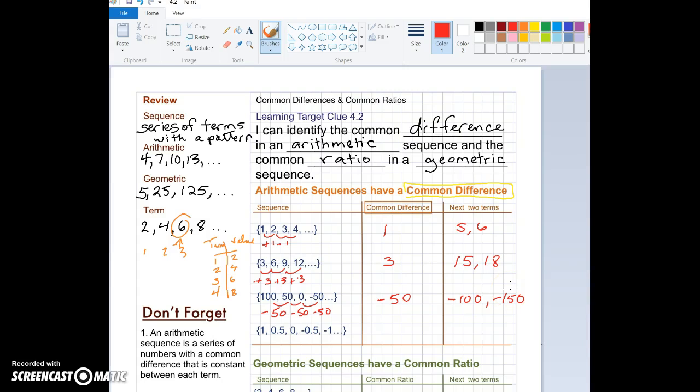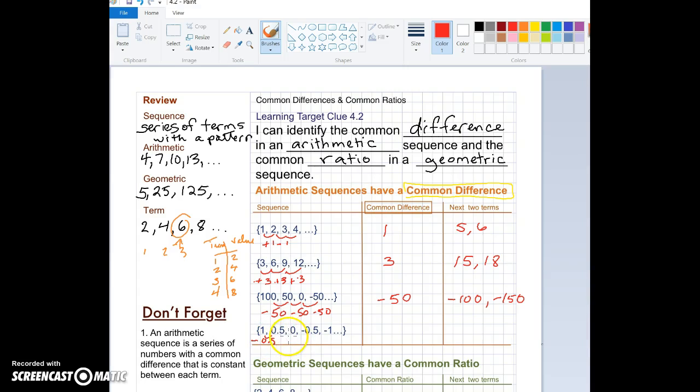All right, next one. 1, 0.5, 0, negative 0.5, negative 1. What am I doing? Well, from 1 to 0.5, I actually subtracted 0.5, didn't I?